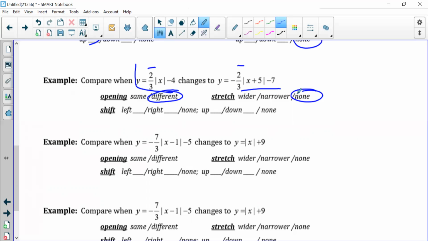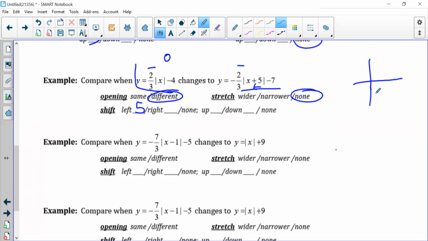Shift. All right, so look at this, left, right, or 0, or none. Right here, I started out at 0, where x equals 0. And then I moved left from 0, 5 places. So I shifted left 5. For my vertical shift, up and down, let's just envision this.